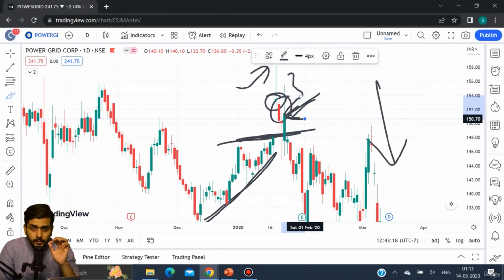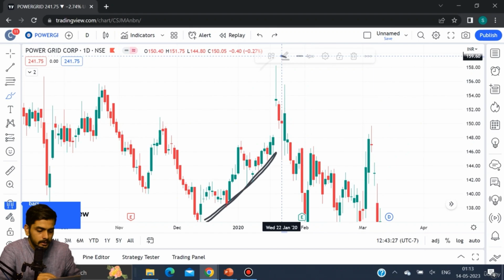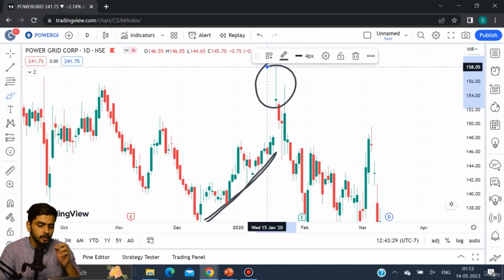Just an additional tip, this candle here is actually the middle doji part of an evening star. Just the wick is higher, the wick is much bigger.